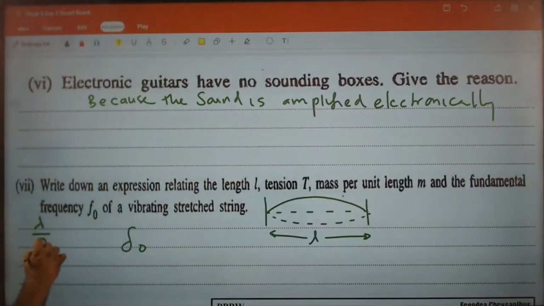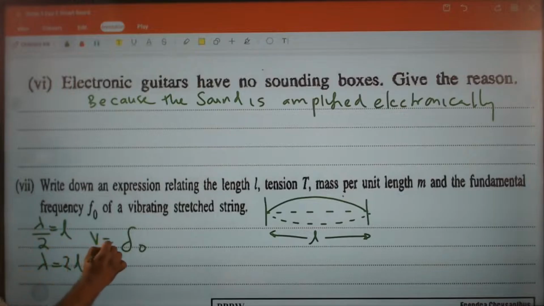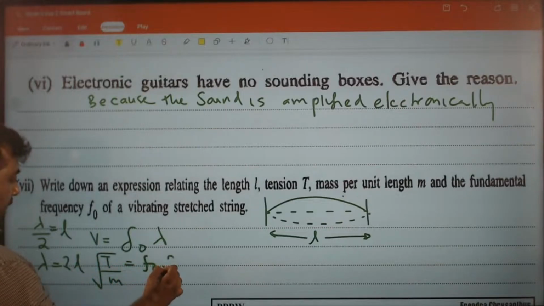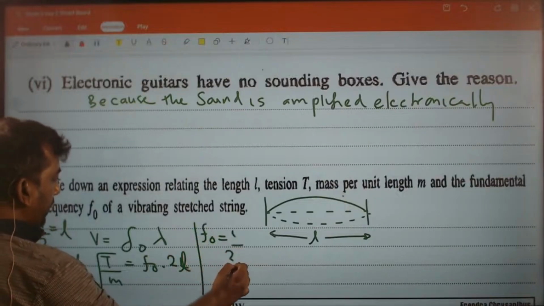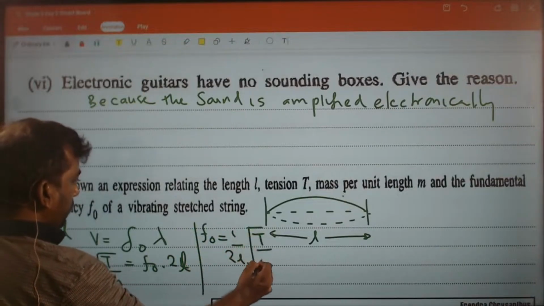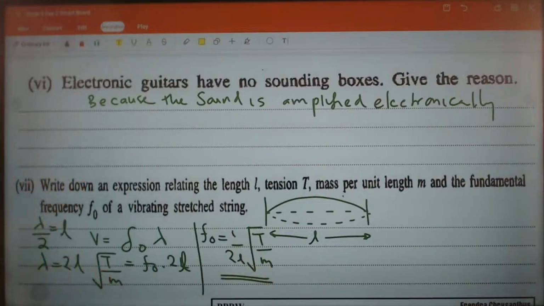Lambda divided by 2 is equal to L, so lambda is 2L. V is equal to F naught times lambda. V equals square root of T over mu. From this, F naught is equal to 1 over 2L times the square root of T over mu. There you go. Right.